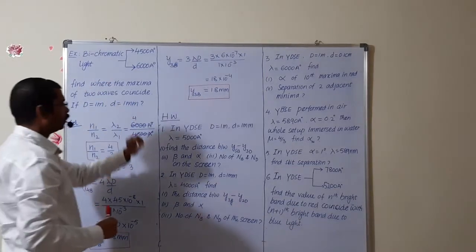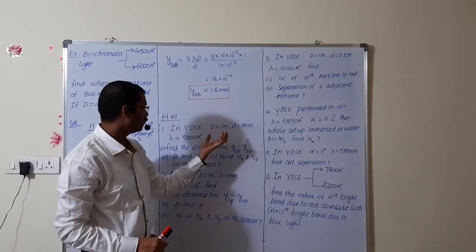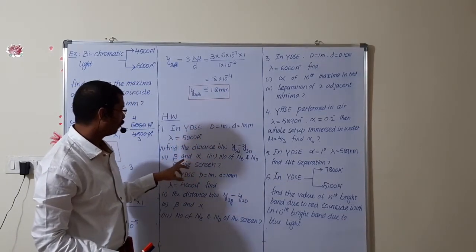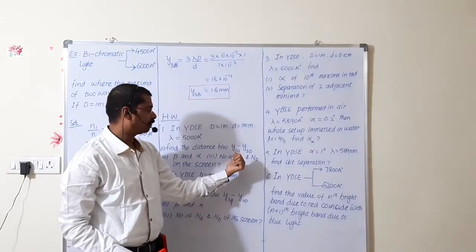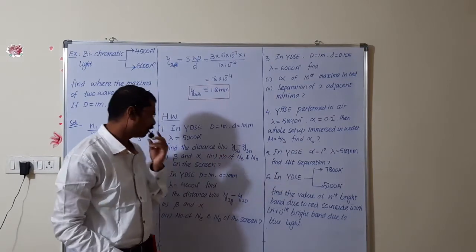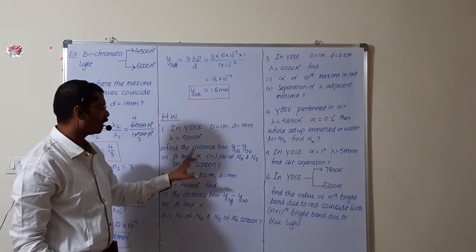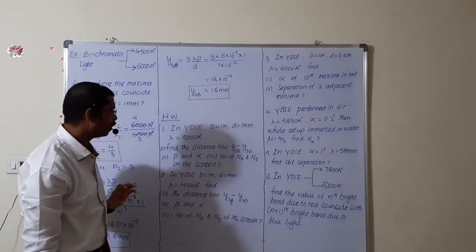Now we solve the homework. First one: given a Young's double slit, 5000 angstroms. We have to find the fifth bright fringe, the difference between the fifth bright fringe and the third dark fringe, the fringe width, linear fringe width, angular fringe width, the number of bright fringes and the number of dark fringes.